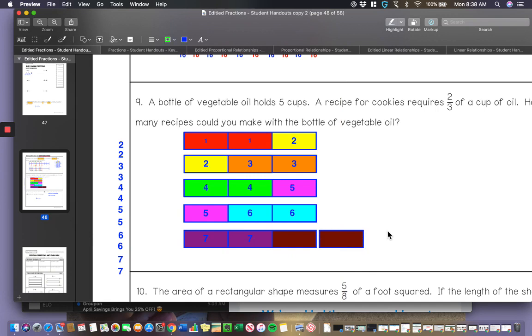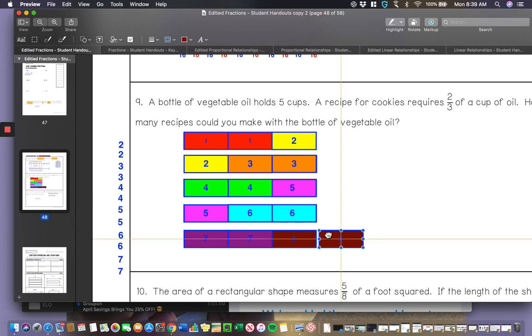I would have 8. This would give me 8 servings. Now here's the deal, I do not have this extra little bit of oil. So I don't have 8 servings.